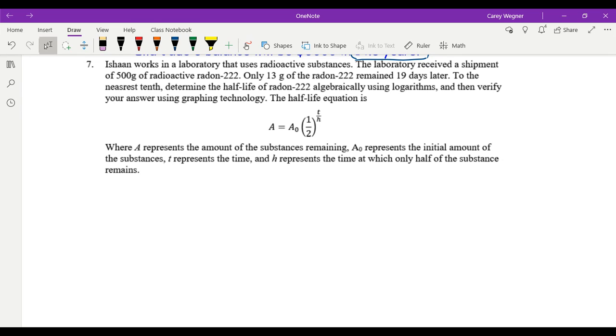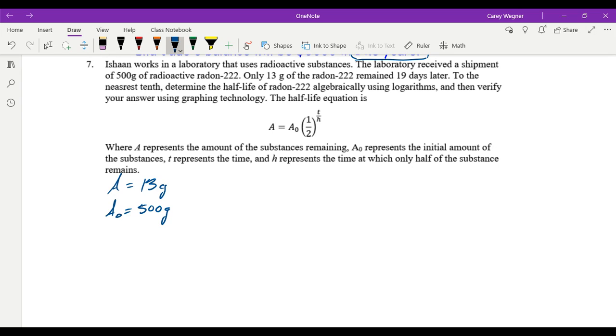So given the formula we have there, and we'll typically be given a formula for a question like this, let me list out the information that I have. A will be my future amount, and my future amount is 13 grams. A sub 0, the initial amount, we started out with 5,000 grams.